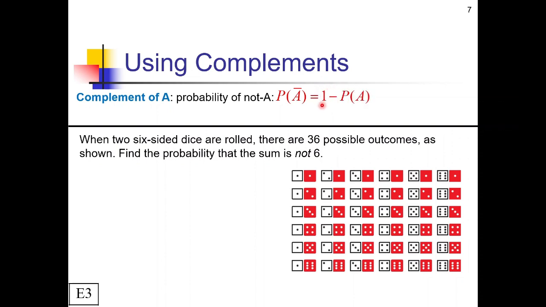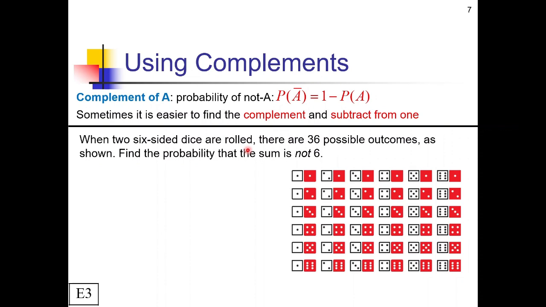So for example, if there is a 30% chance of rain, then the complement of that would be 100 minus 30, or 70% chance of not getting rain. Now, the reason I bring this up, other than the fact that you may sometimes see this on various problems, is that sometimes it is much easier to find the complement of an event and then subtract that from 1.